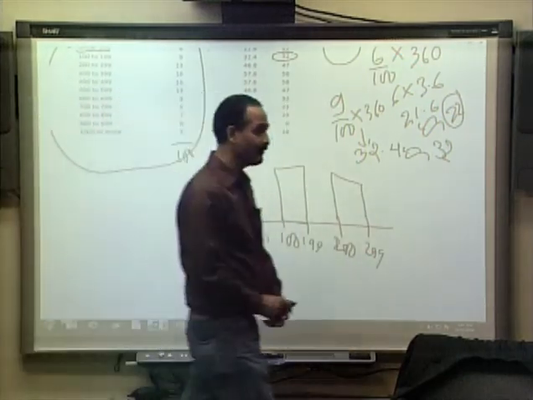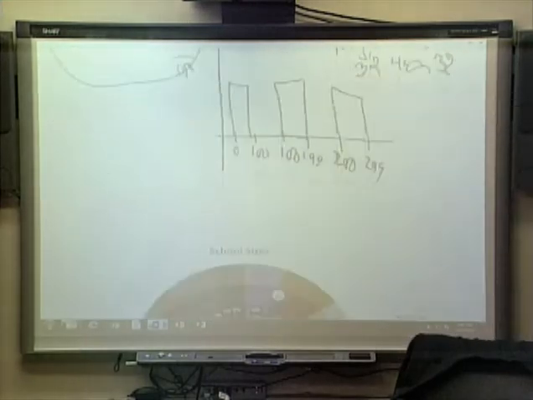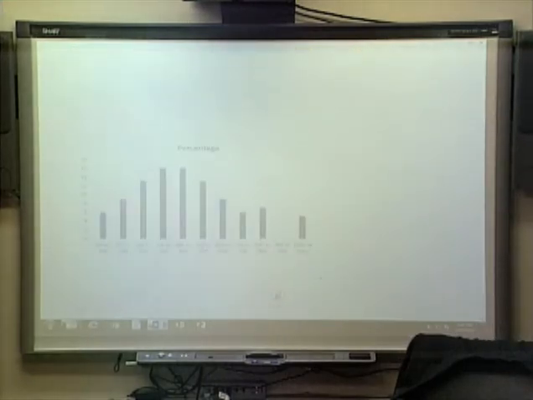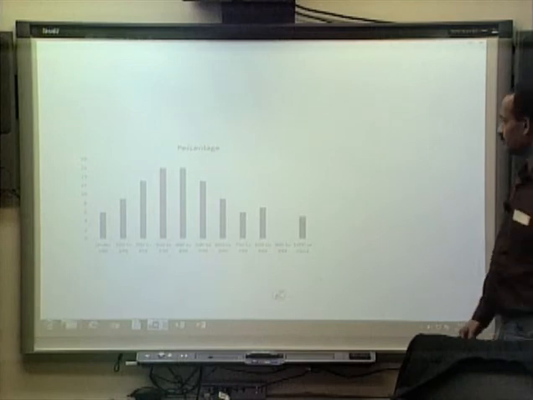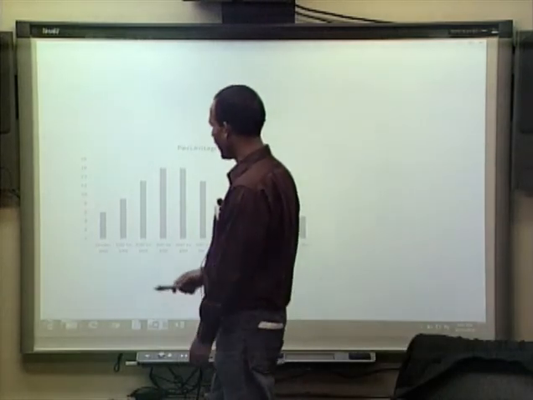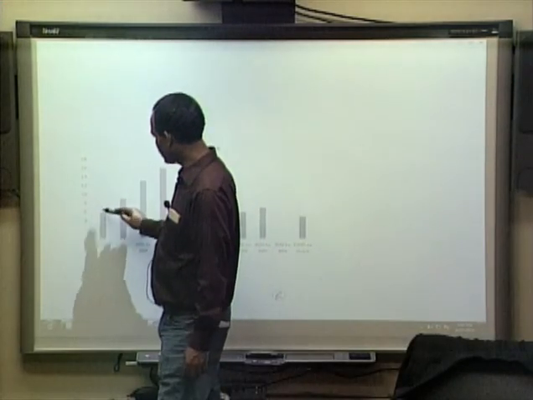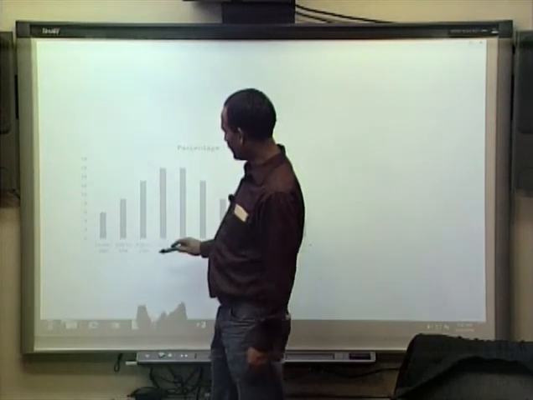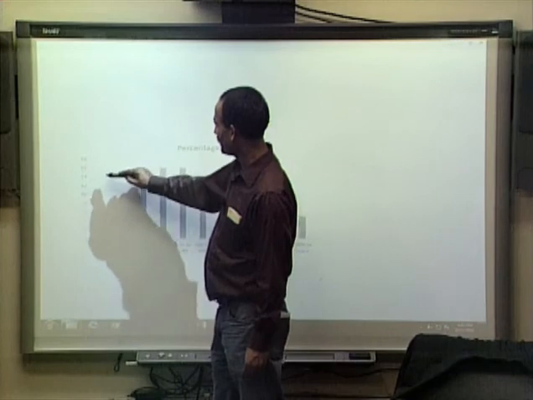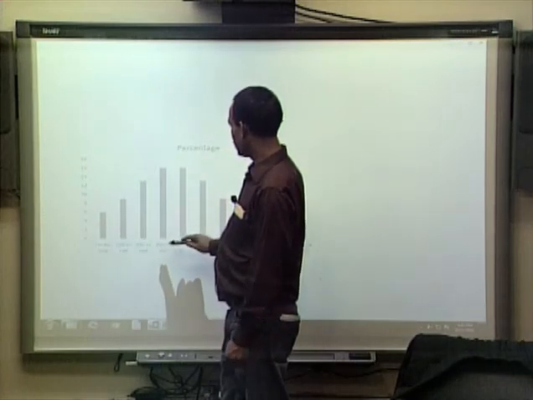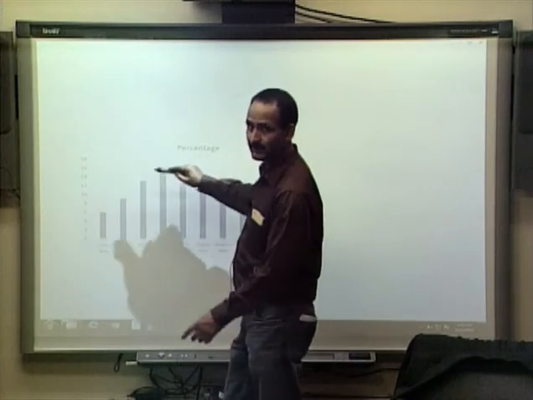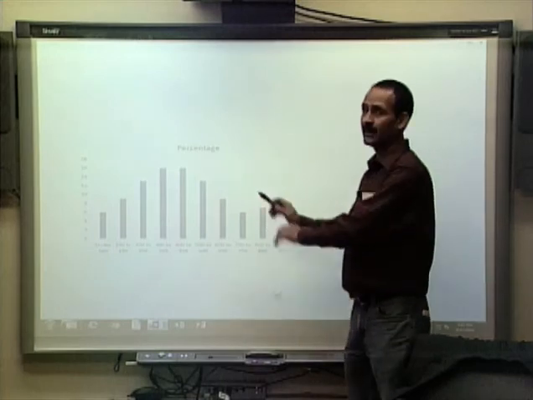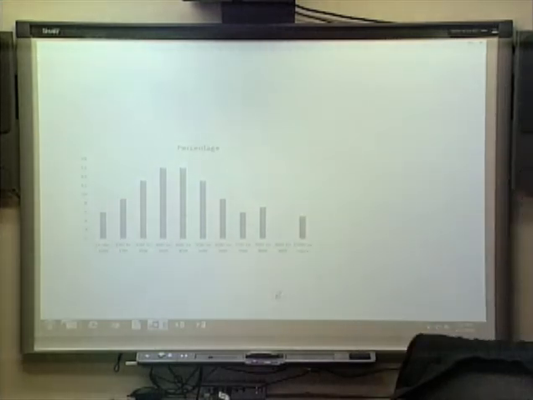This is called a bar graph, or a nicely drawn bar graph is here. Under 100 there are 6%, 100 to 199 there are 8% or 9%, 200 to 299 there are 14%, 300 to 399 there are 16%, and so on. The bar graph will look like this.